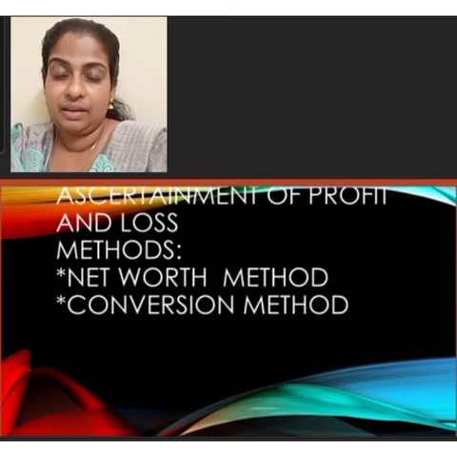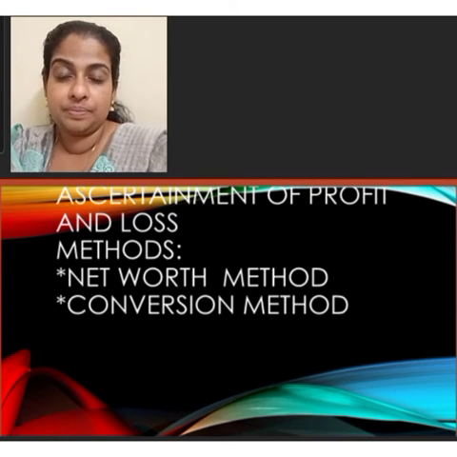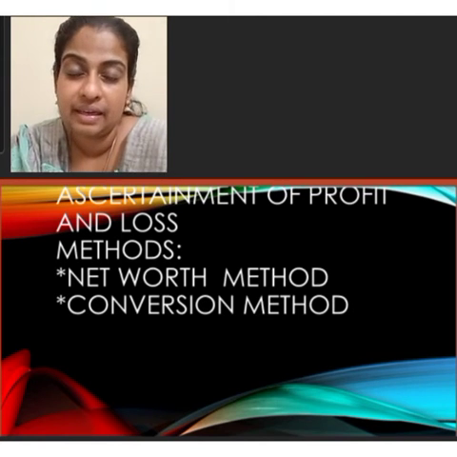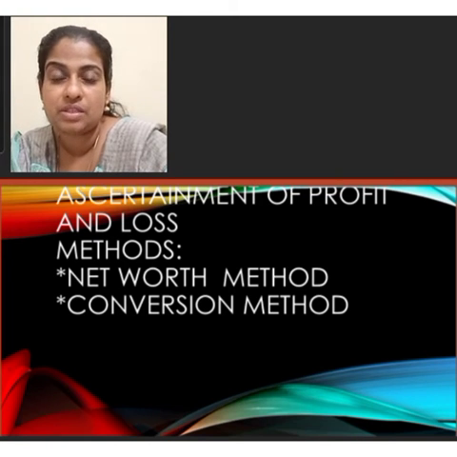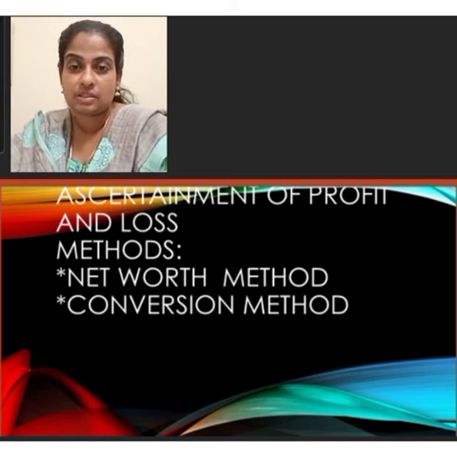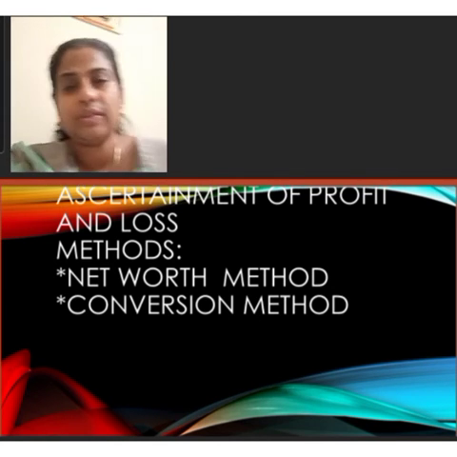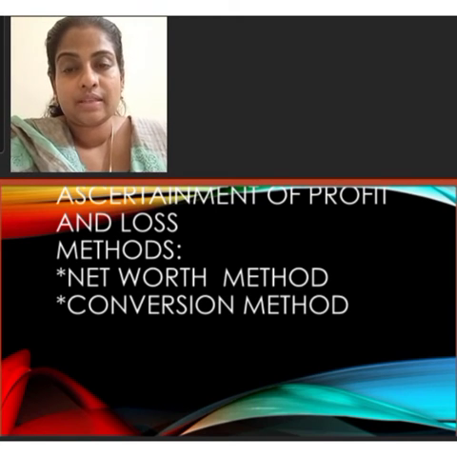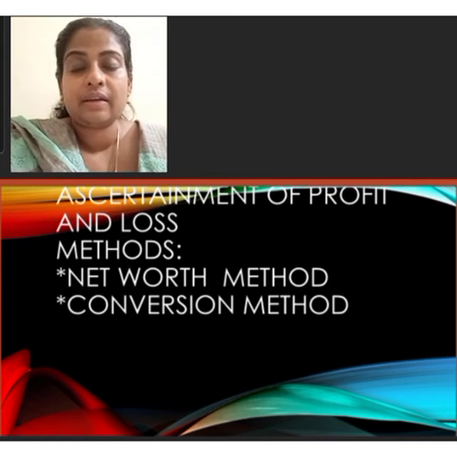In the same way, the next step is to record the various closing balances of assets and liabilities in the statement of affairs. For that purpose, first we write the heading, that is, statement of affairs as on 31st December or 31st March 2016. The next step is to enter all the closing balances of assets on the asset side.